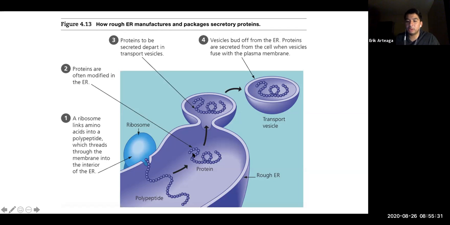A sugar can be added, right? I talked about mucus or snot. That protein will then have a sugar added. Let's say this is mucus. A vesicle will then be made where the protein can be transported out. The vesicles can bud off from the endoplasmic reticulum. Proteins are secreted from the cell when vesicles fuse to the plasma membrane, and then it can be dumped into the environment that way, okay?